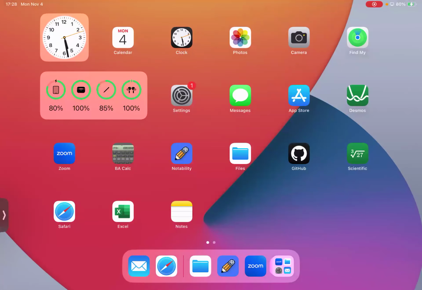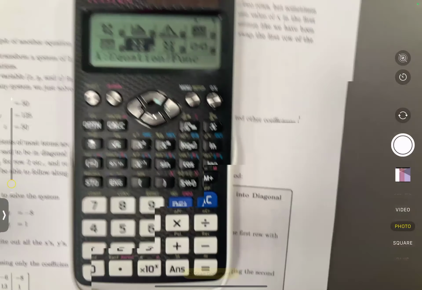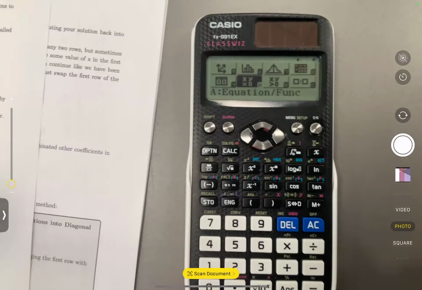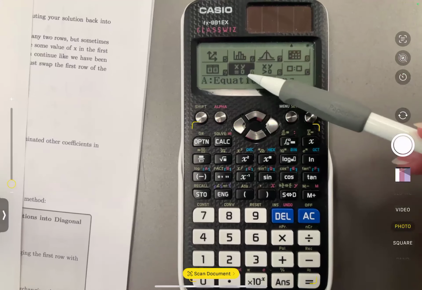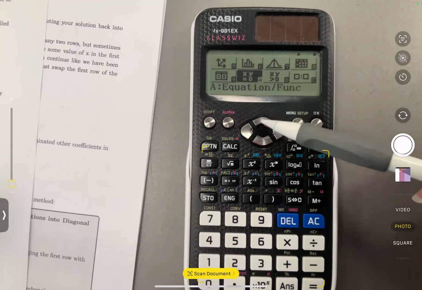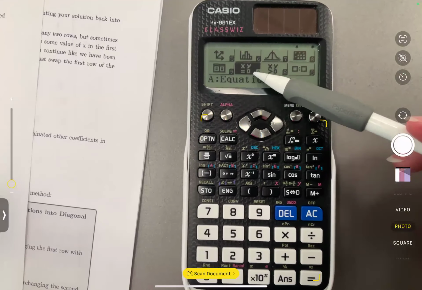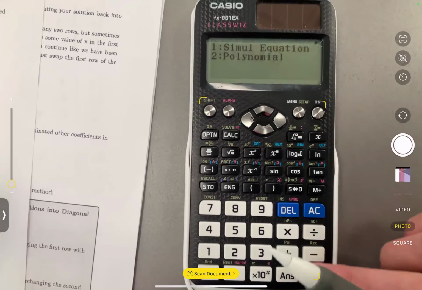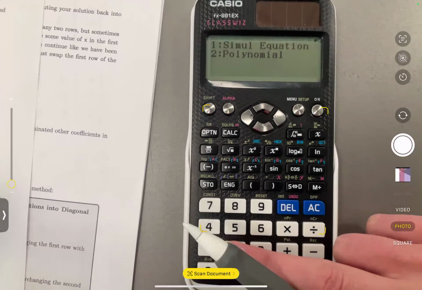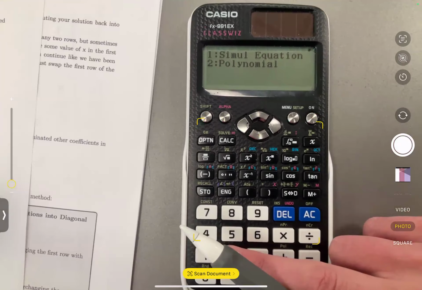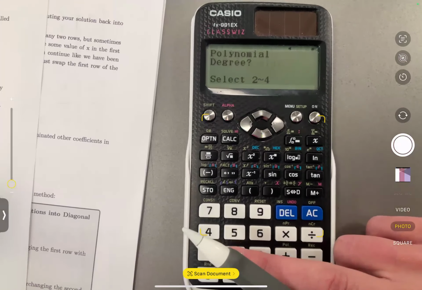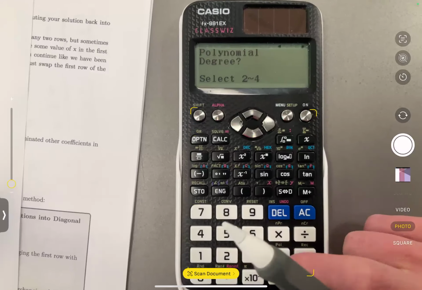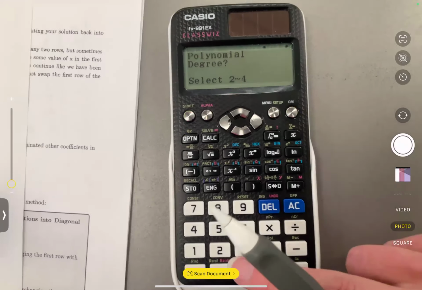How can I do this? My makeshift document camera. So here, I scroll down, and then I go equals, and then I hit 1 for the simultaneous equations, I think it stands for. Polynomial degree. I have 3 unknowns.